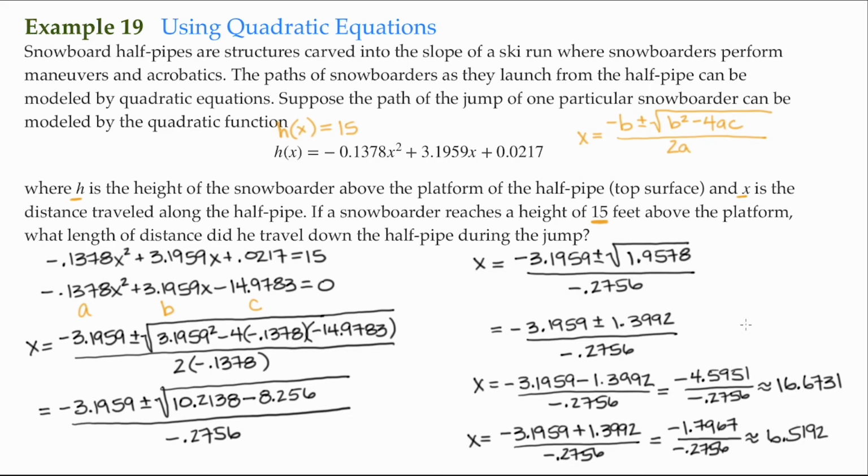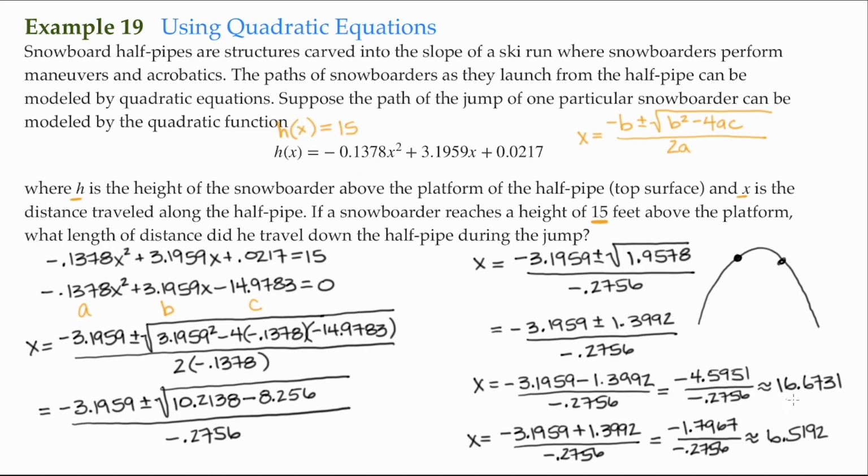Well, whenever we have a quadratic equation, it makes a specific type of pattern, a graph. And that's called a parabola. It can either go up, in this case it'll go up because of a snowboarder going off into the air, or it can go the other way. It looks like it's smiling. But by the time he gets to 15 feet in the air, that happens at two spots. On the way up, and then of course on the way down.